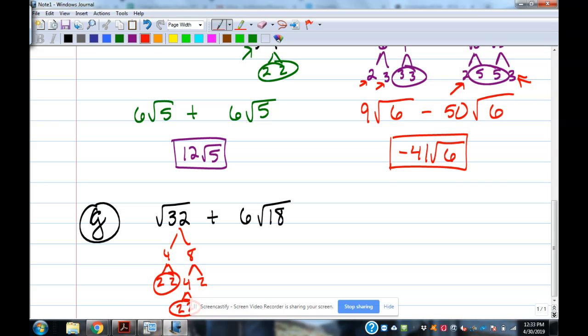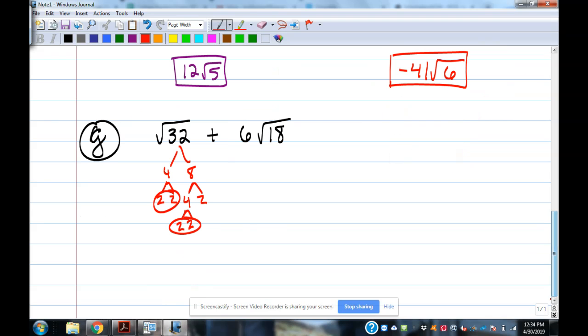So square root of 32 is going to turn into 4 square root of 2. 18 breaks down: 9 times 2. 9 is 3 and 3. It's a pair of 3s.